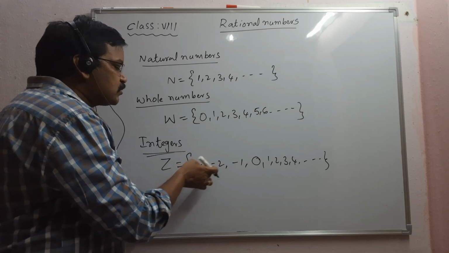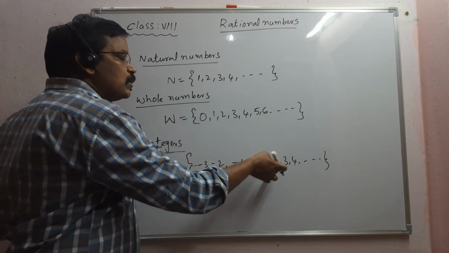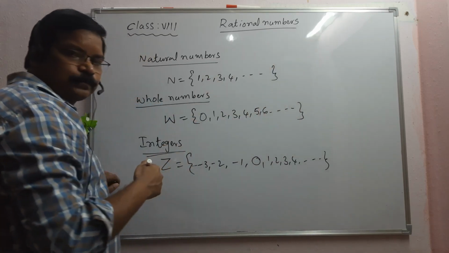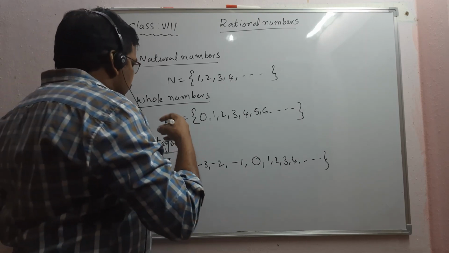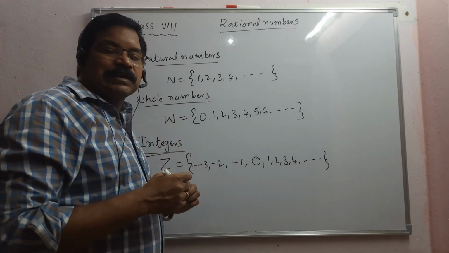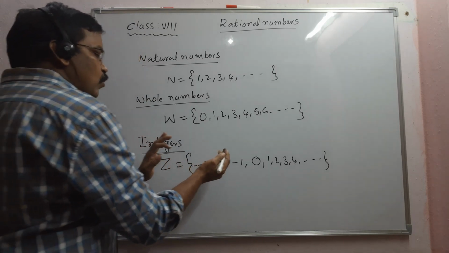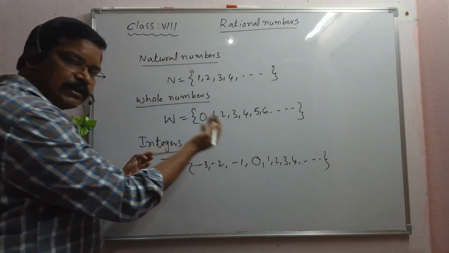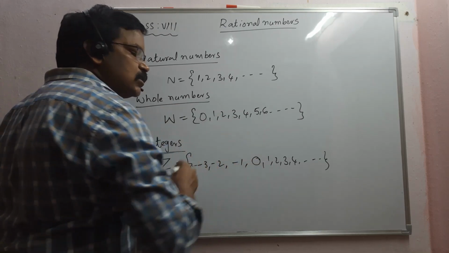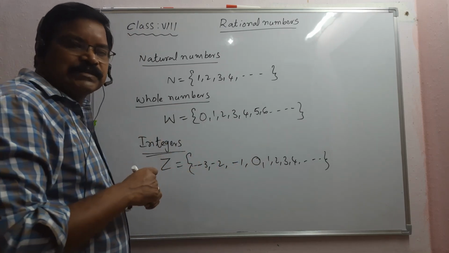Here -3, -2, -1, 0, 1, 2, 3, 4 and so on. You have learned about integers in class 7.